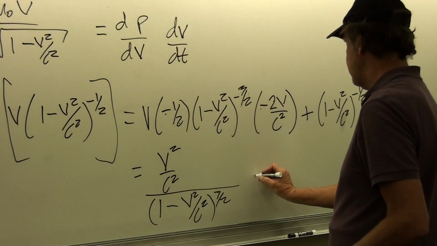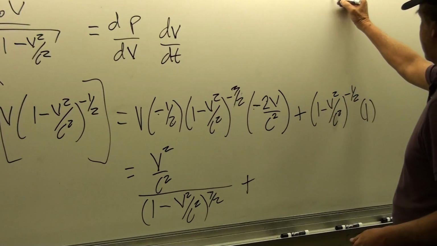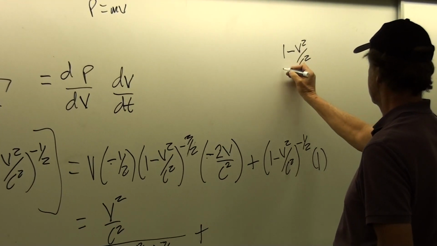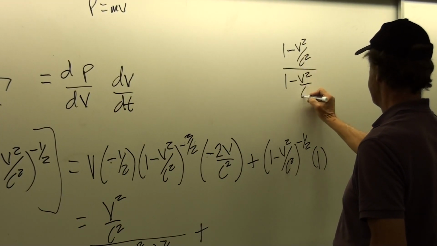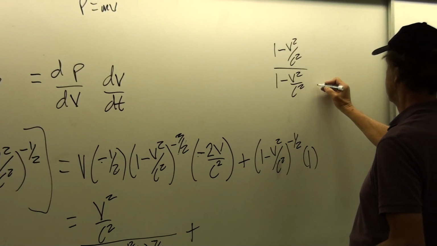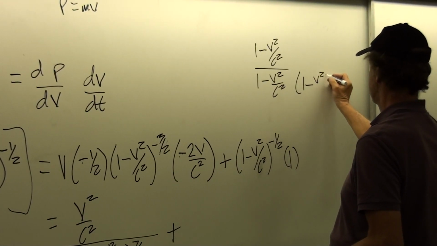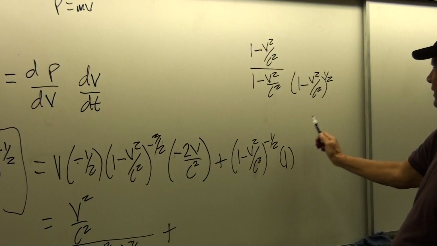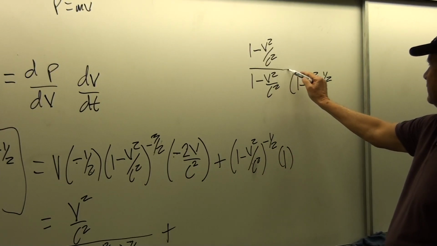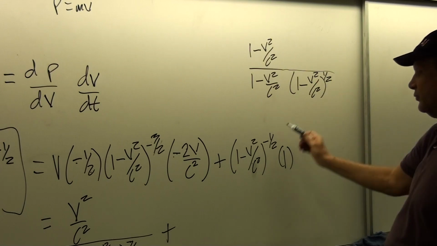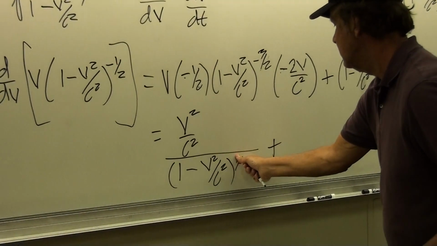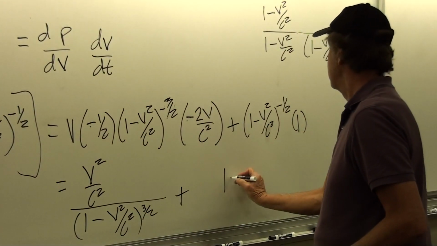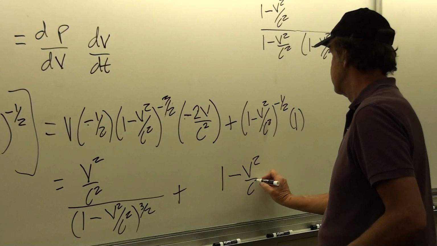Then over here, I'm going to rewrite this as 1 minus v squared over c squared times 1 minus v squared over c squared to the 1/2, like that. So I'm rewriting this as this, where this is in the denominator, but then this becomes 1 minus v squared over c squared to the 3/2 in the denominator, and in the numerator we get 1 minus v squared over c squared.